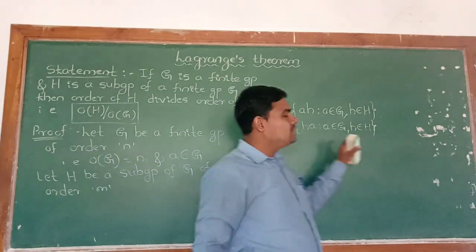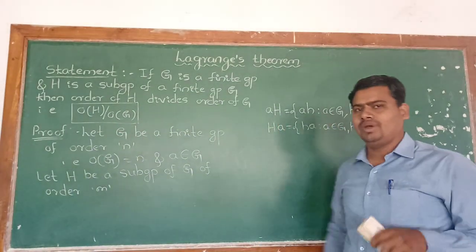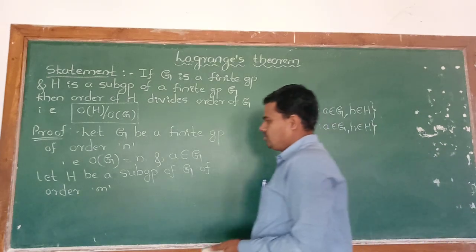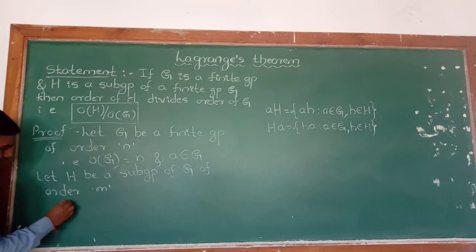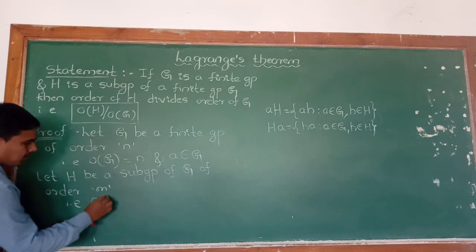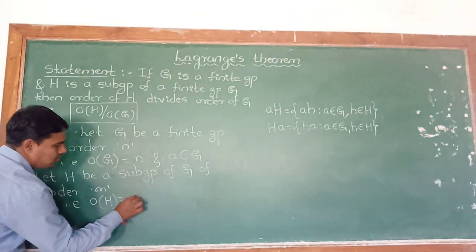Let us define the right coset or left coset of H in G. I will take here the right coset of H in G. You may take left coset also. Order of H is equal to m.